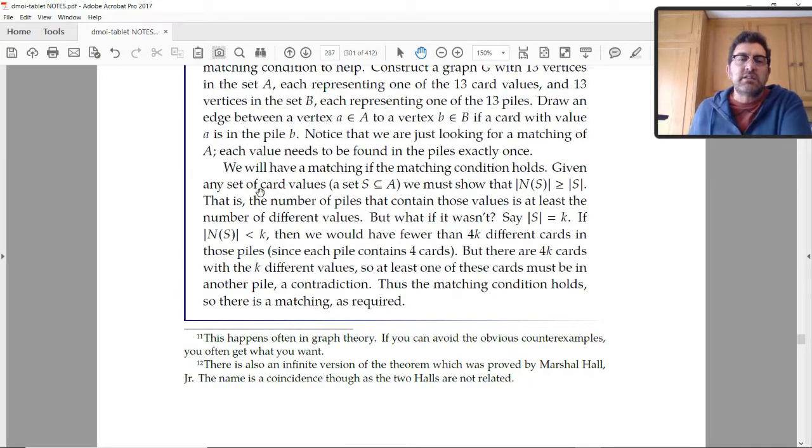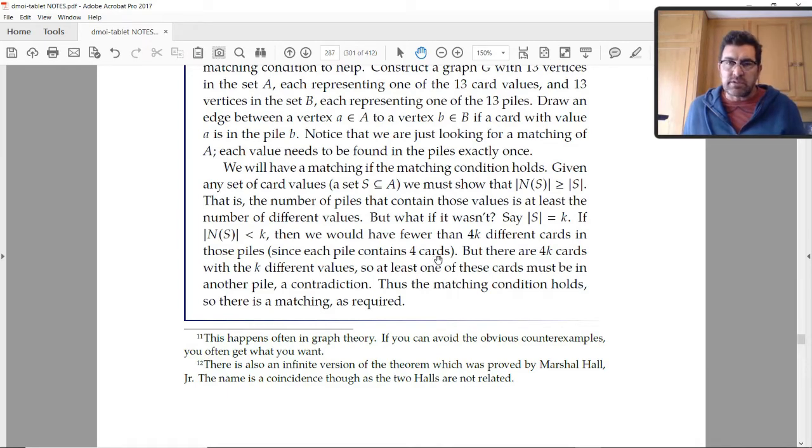Given any set of card values, a subset S of the set A, we must show that this is true. Now we've seen it in the graph. Well, that is, if the number of piles that contain those values is at least the number of different values. But what if it isn't? So let's say the cardinality of the subset is K. If the neighborhood is less than K, then we would have fewer than 4K cards in each of those piles, since each pile will contain 4 cards.